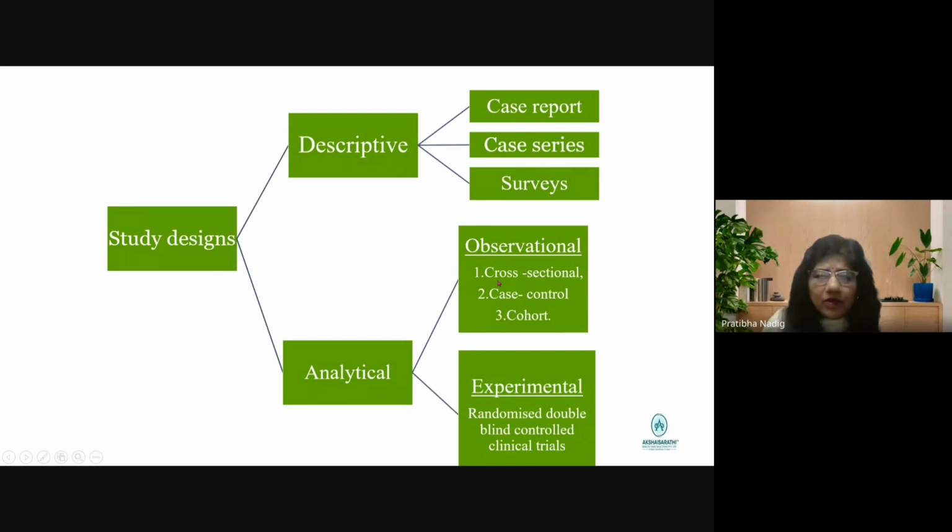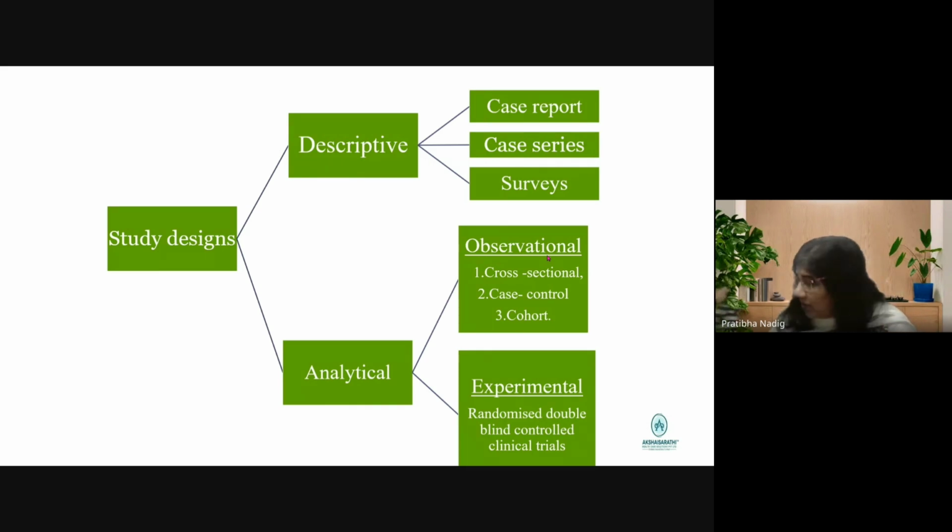So they are all descriptive. Analytical studies are observational or experimental. Experimental is a clinical trial. For undergrads, we don't recommend it because it is risky and you are not eligible to take it up as a main investigator. So you can do an observational study either as cross-sectional, case control, or cohort studies.